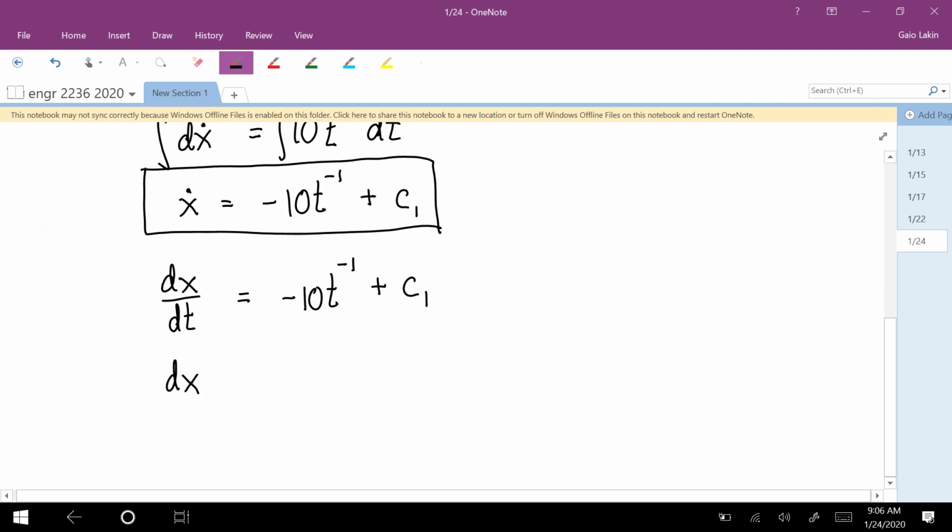And so dx is equal to negative 10t to the minus 1 plus c1, and you can integrate both sides.